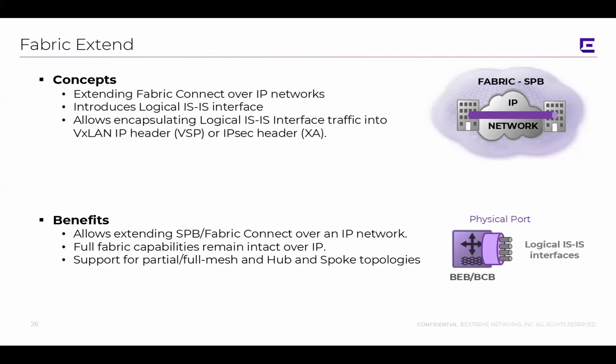The concept is to have the possibility to spread the Fabric through some, I would say, non-Ethernet links. By non-Ethernet I mean not physically directly connected Ethernet links. So you can imagine that it could be done through some tunneling. So this is the idea. How to pass the Fabric traffic through the L3 connection, through the IP, in fact.